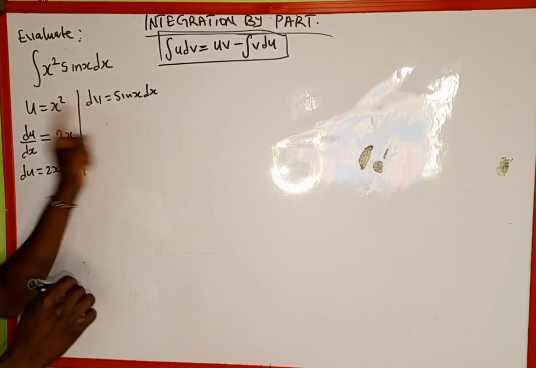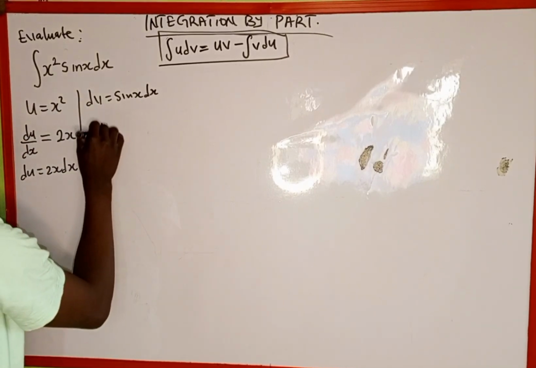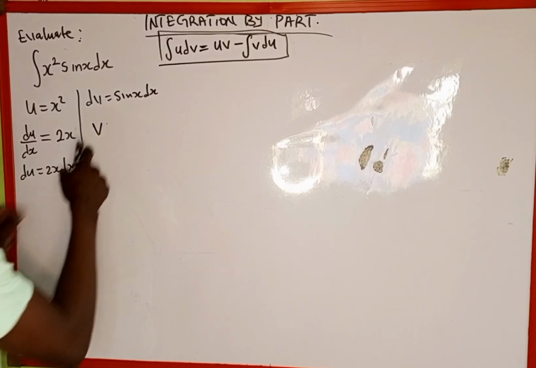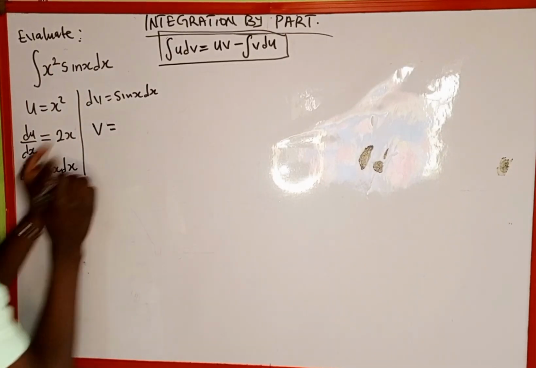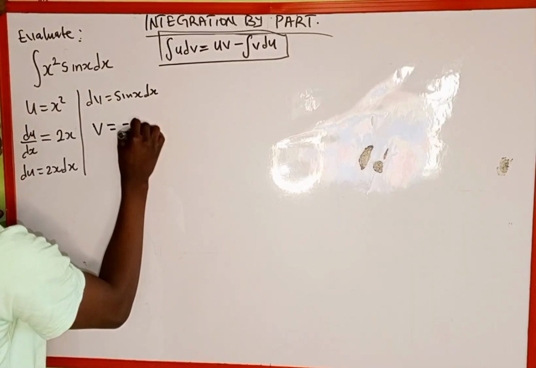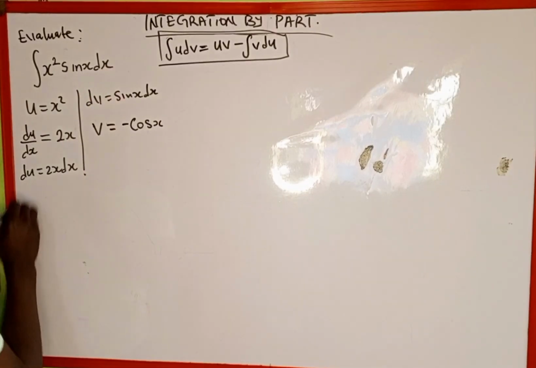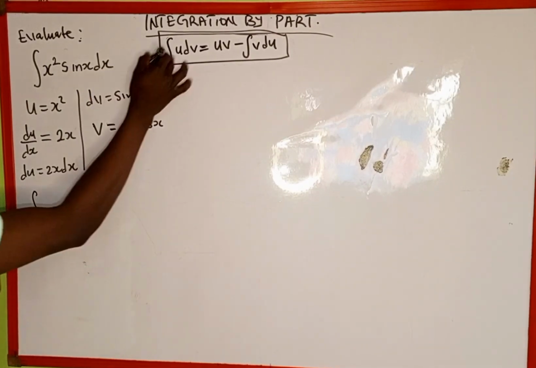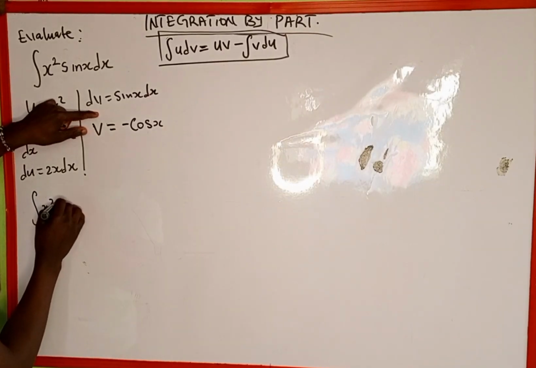But in this part, we are going to integrate both sides. So the integration of dv is going to be v, because the derivative will cancel the integration. So this is going to be equal to the integration of sine x with respect to x, which is going to give us minus cosine x. So the next thing is to substitute into this formula. So we have integral of u dv. Our u is what? x squared. Then our dv is what?